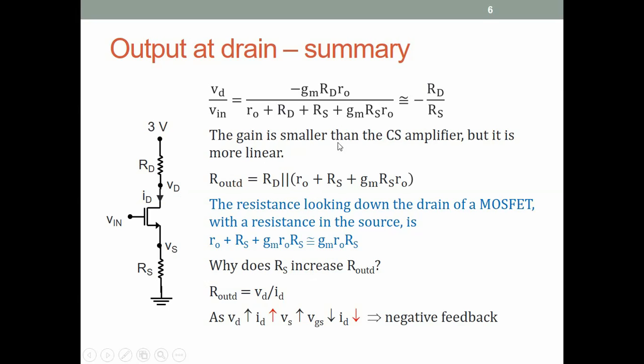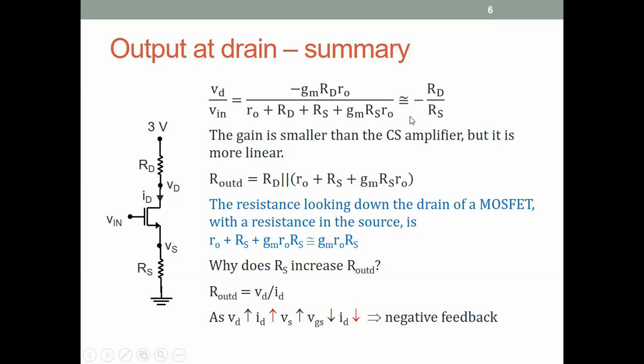So the gain reduces, but the gain is less variable. You remember last time we had discussed that the gain of the common source amplifier varies as the bias varies because the Gm varies, and as Gm varies the gain varies. Here the gain is less dependent on Gm, and so it is more constant than the one without Rs.